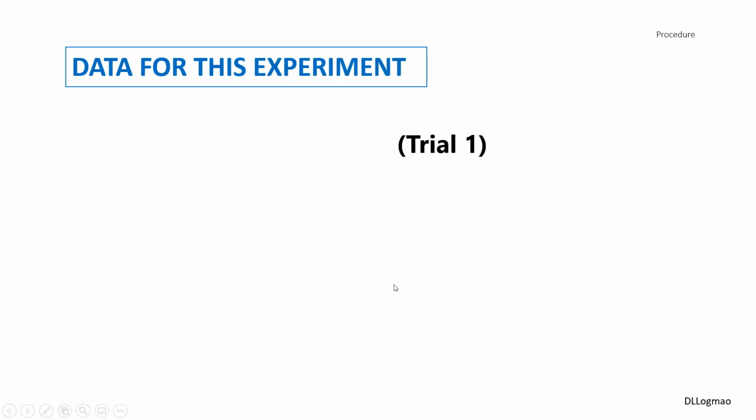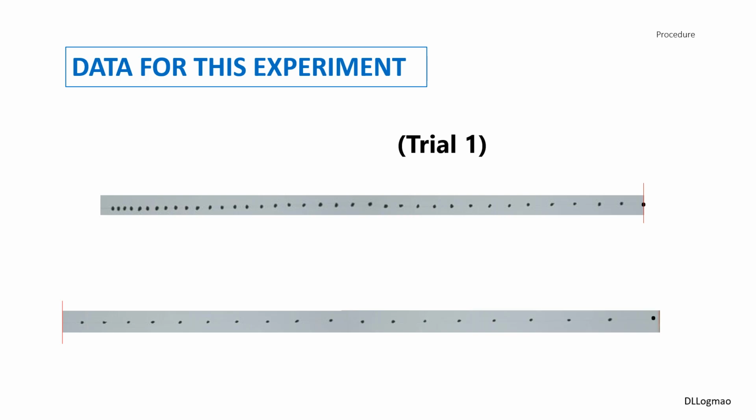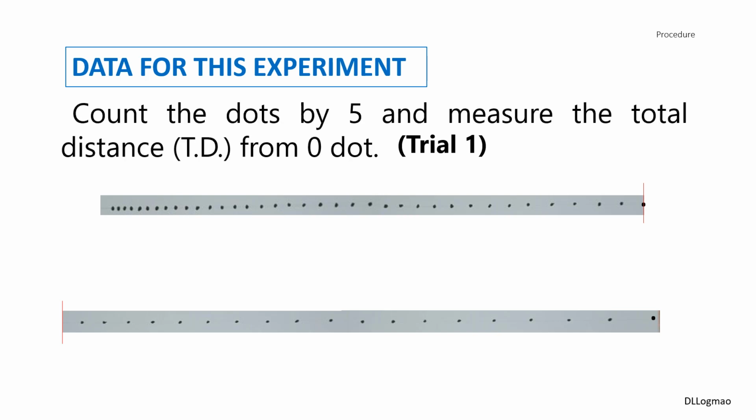The data for this experiment. For trial 1, this is the paper tape with recorded dots. The first clear dot is counted as 0. The succeeding dots, count and mark every 5 dots.